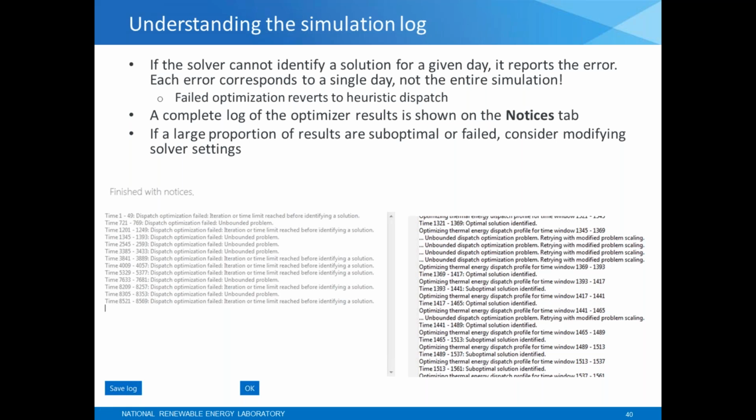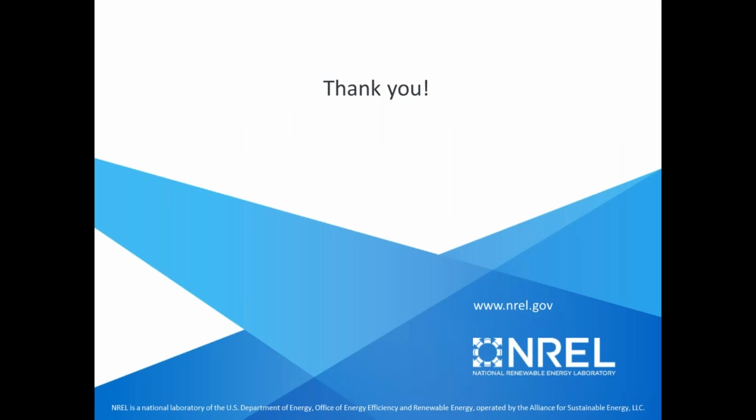If you see that in a non-trivial number of cases there's a suboptimal solution identified, you might want to go back and increase the iteration limit or increase the solver time just to give it more of a chance to find the optimal solution. The answers that come back under suboptimal cases are not incorrect. They're still using the same performance models that we've always used, but they are identifying an operation schedule that's a little bit not as good as what could have been identified.